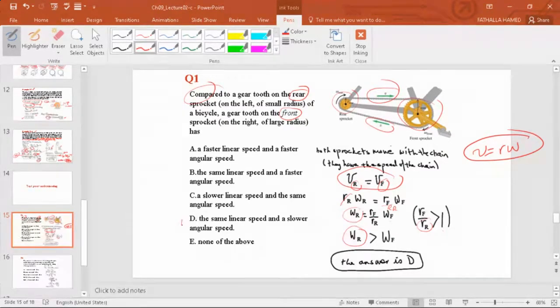And that's why, if I compare the front to the back, they have the same linear speed because it's the same chain, so they must have the same tangential speed, but the front has a slower angular speed because the rear will have a bigger angular speed. That's why the answer here is D. So that's how we reason about this here.